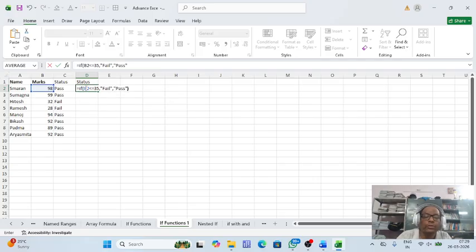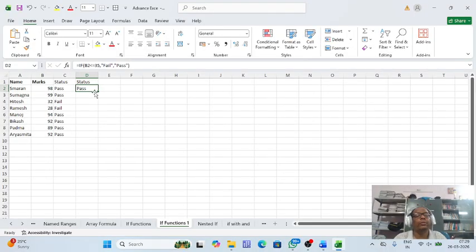Let's see whether it is actually working out. The same thing, and when you scroll it down, it will show this. So there are two ways of writing this. If B2 is greater than or equal to 35, pass, otherwise fail. Similarly, if B2 is less than or equal to 35, fail, otherwise pass.